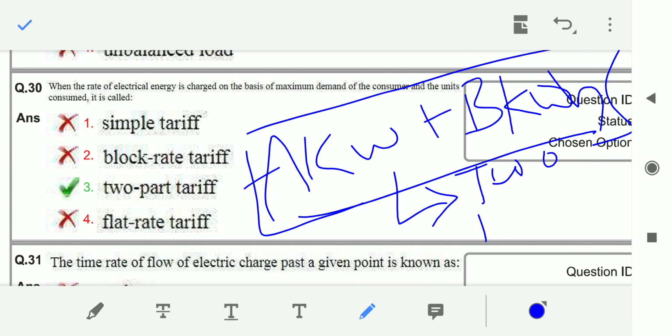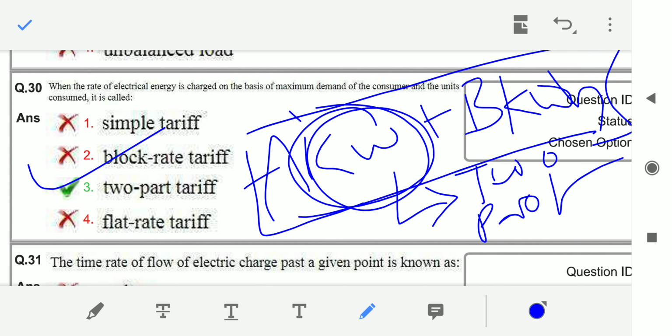Kilowatt represents the maximum demand, and kilowatt hours represent the units consumed by the consumer. So the tariff is split into two parts: one related to maximum demand, plus another related to the units consumed by the consumer.